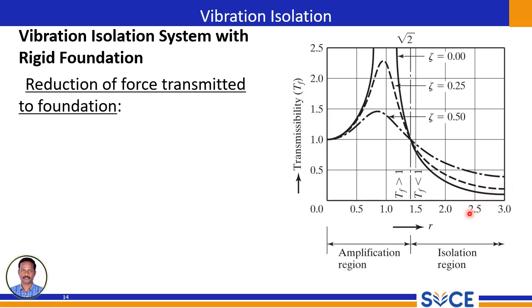Higher damping reduces transmissibility at resonance and broadens the isolation region. For effective isolation, we want to operate in the region where R is greater than the square root of 2, and higher damping allows us to achieve this at lower frequency ratios.